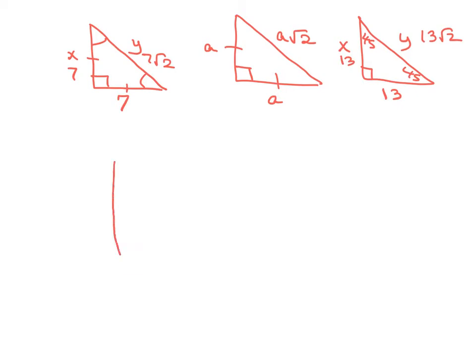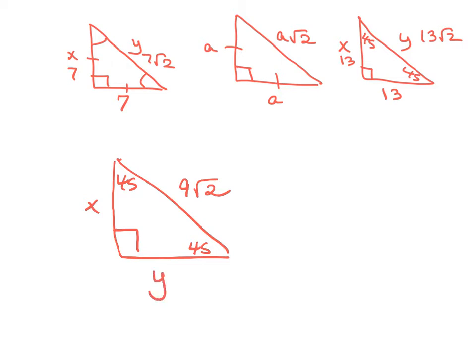So now let's say instead, and again, I've got my 45, 45. Let's say this time I give you the hypotenuse, and I tell you the hypotenuse is 9 square root 2. How much is x? Beautiful. How much is y? 9.